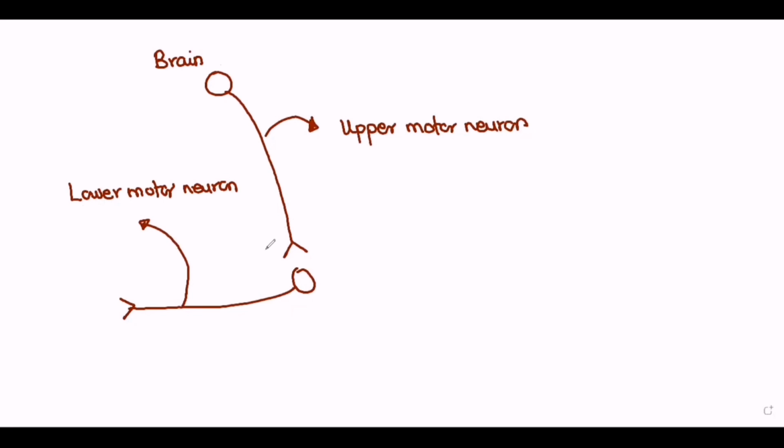The upper motor neurons, and they will come and synapse on the nuclei in the pons, at the pontomedullary junction, the junction between the pons and the medulla, and then those neurons would come out, and this is what will form the facial nerve. So this is the upper motor neuron of the facial nerve, and this is the lower motor neuron of the facial nerve.